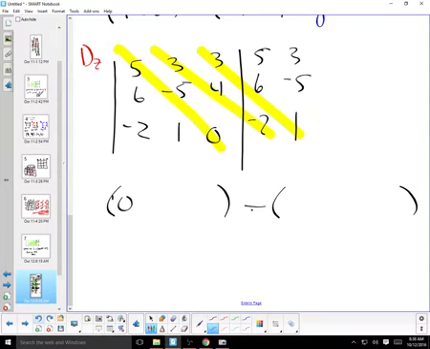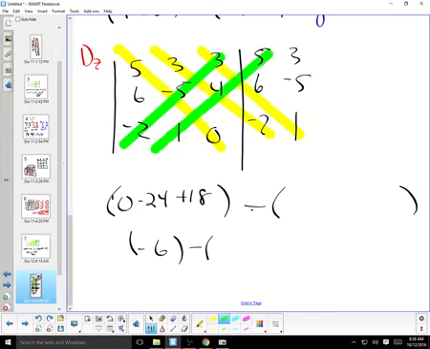0. 3 times 4 is 12. Times a negative 2 is going to be negative 24. And then 3 times 6 times 1 is just 18. Yeah? So I've got negative 6 here. In the other direction, 1, 2, 3.